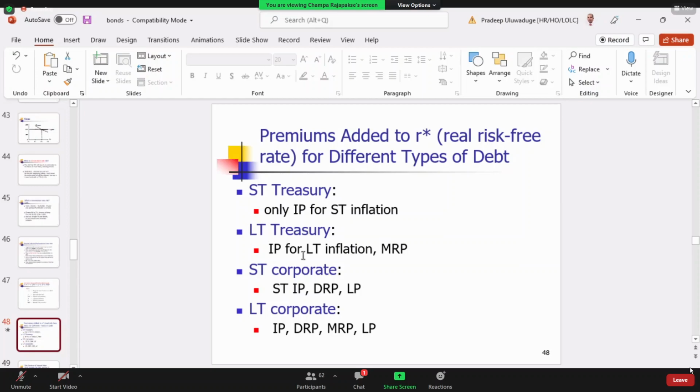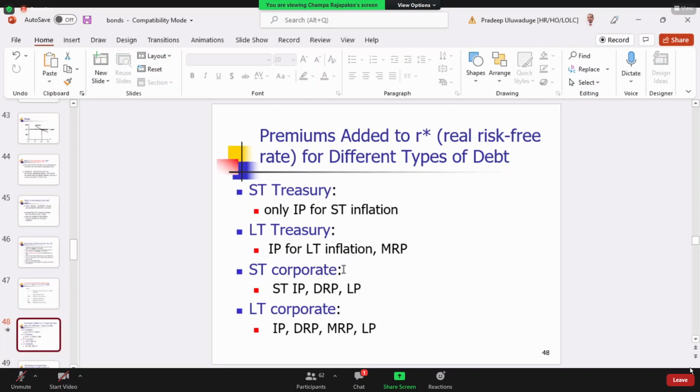Then long-term treasury: inflation premium for long-term inflation, and the maturity risk premium, because it's a long-term treasury bond. Maturity is long, so MRP is added.